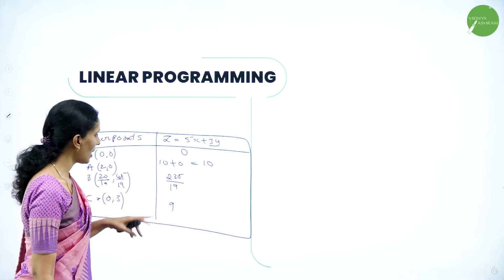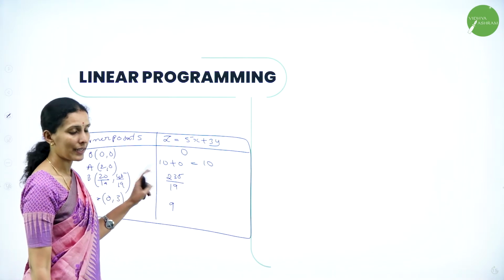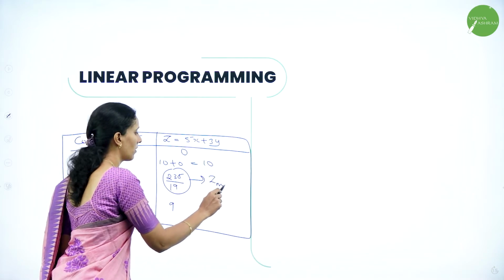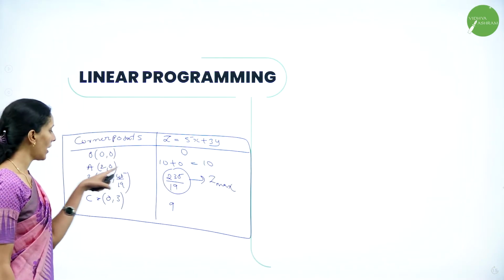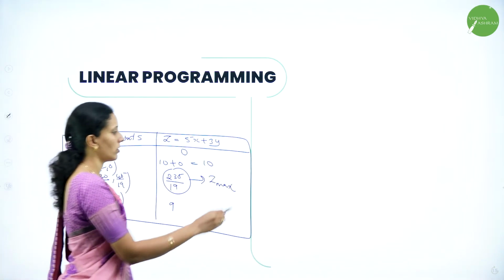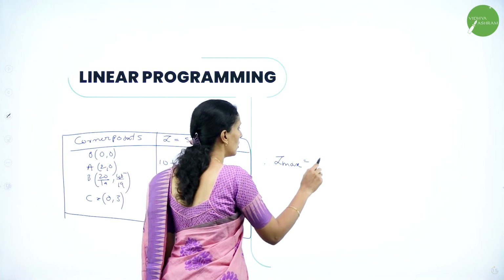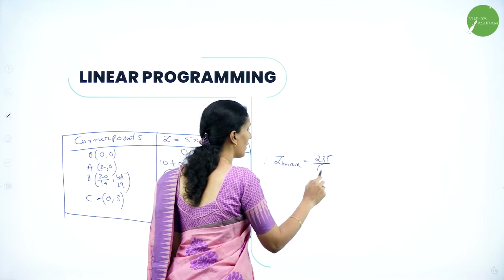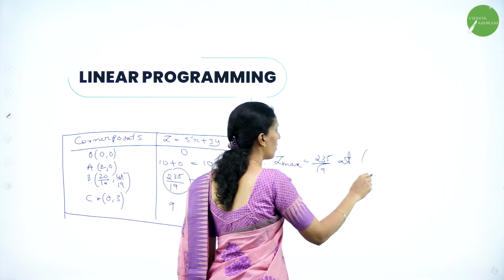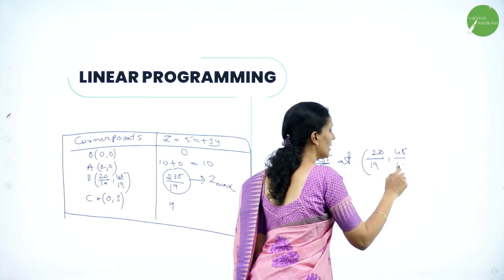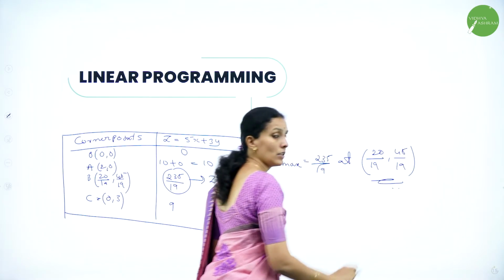The maximum value will be more than 10 exactly. So this will be your Z max. Which is the point where you get the Z max? This is the point. Therefore, the maximum value of Z is 235 divided by 19 at the point 20 by 19, 45 by 19. So this is the solution.